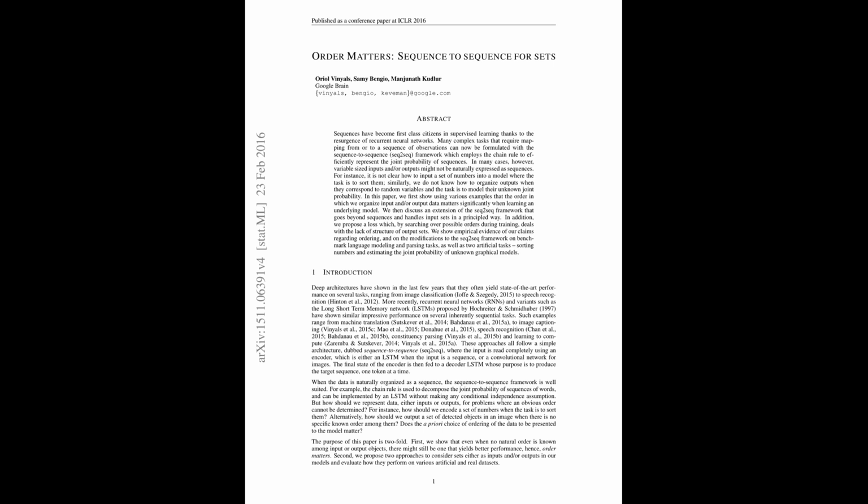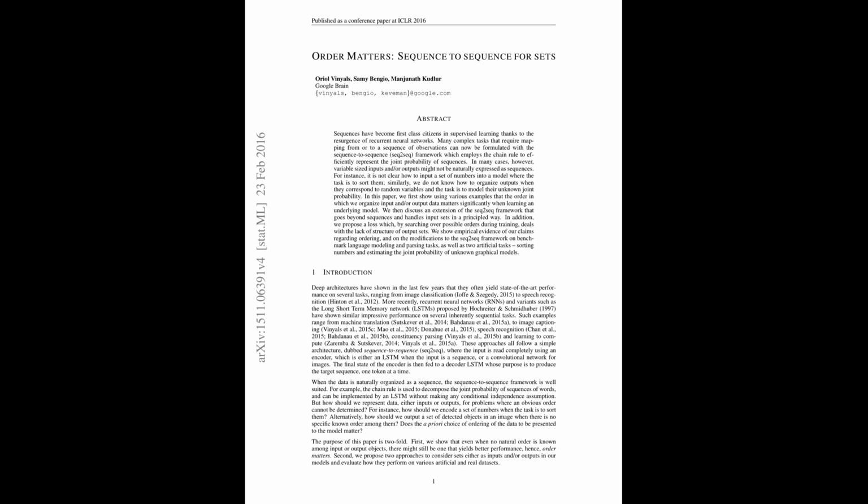But here's the wrinkle. What if your data isn't naturally a sequence? What if you want to feed in a set of unordered objects, like a collection of points in the plane, or output a set of detected items where there's no canonical order? The Seq2Seq framework demands an order, so you have to pick one, somewhat arbitrarily.